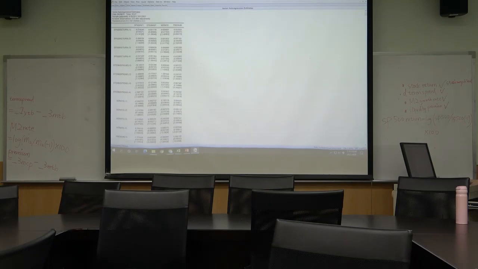Well, according to the results, the first value represents the slope coefficient. Inside the parenthesis is the standard error, and the number in the bracket stands for the t-test statistic.